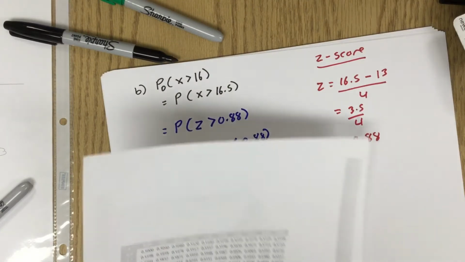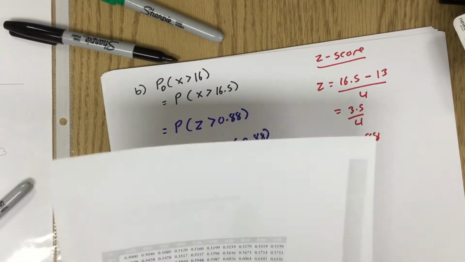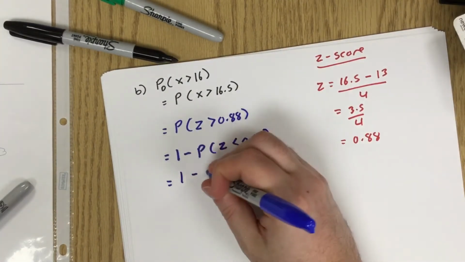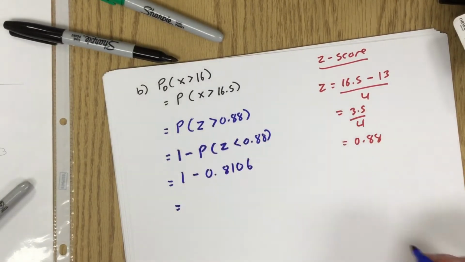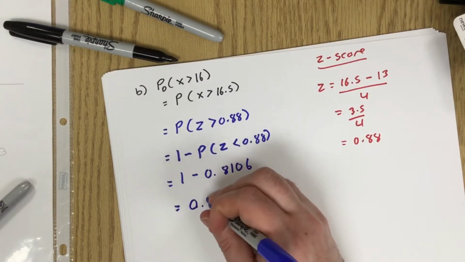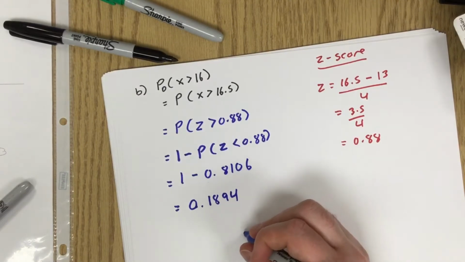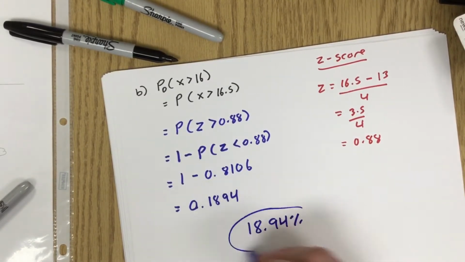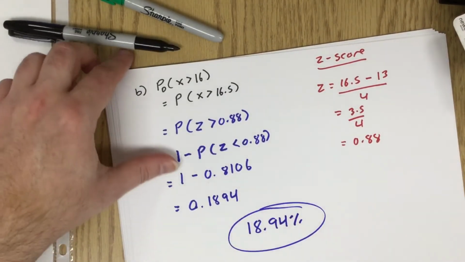So 0.88 is 8106, which is going to be 0.1894. And so the answer is going to be 18.94%. So the probability of having more than 16 snow days is 18.94%.